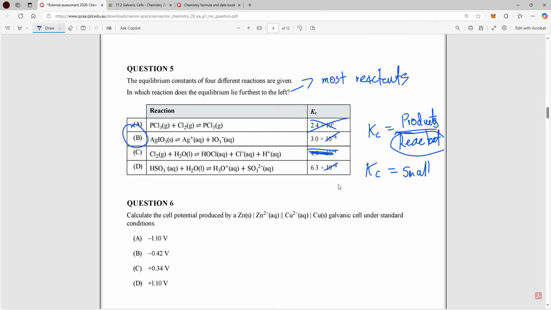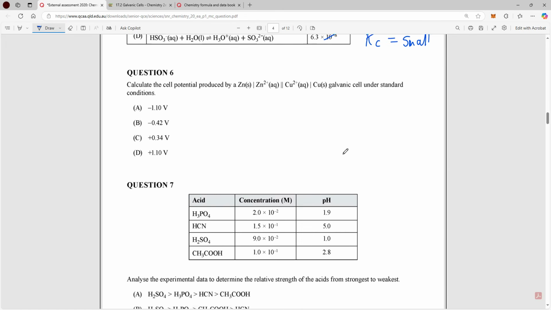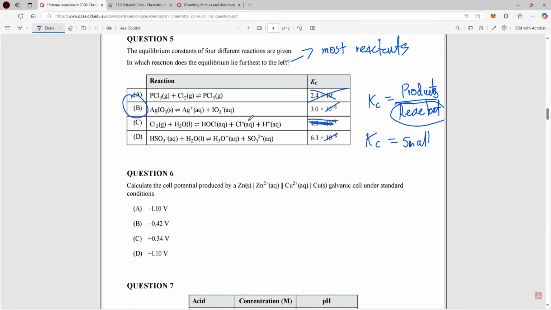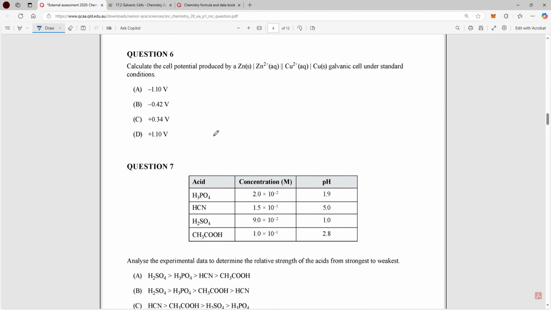Oh, that's why they've put the question like this. I think the answer is B still, but usually you don't have the solid inside the Kc. If someone wants to correct me in the comments, please let me know. I'll check the answers after this video, but I'll continue on with this. I'm 90% certain it's B, but that solid thing threw me off a little bit.